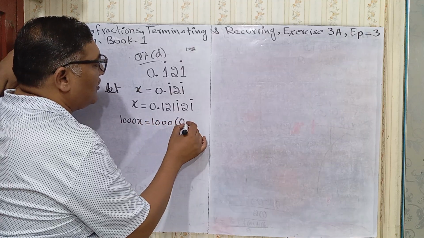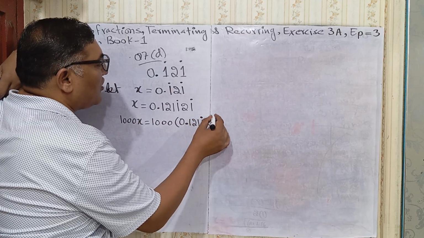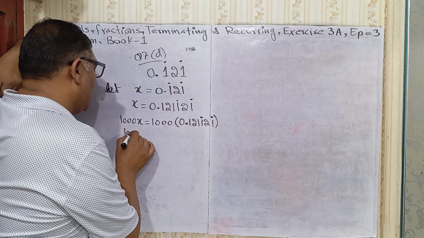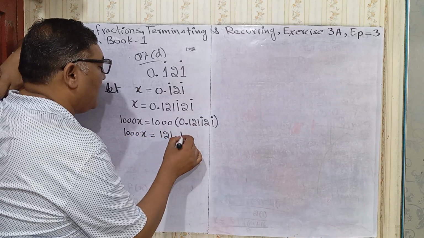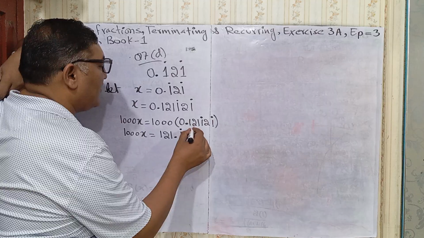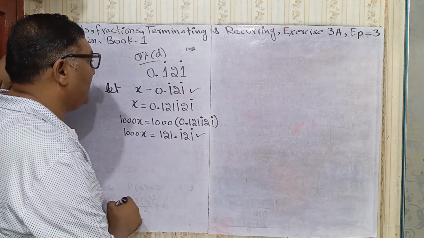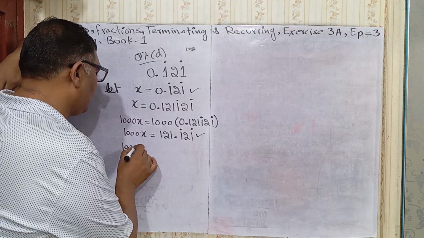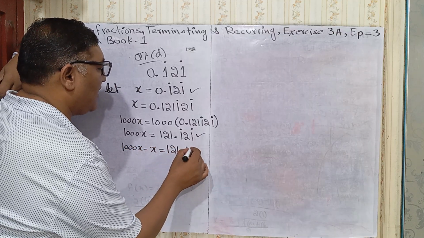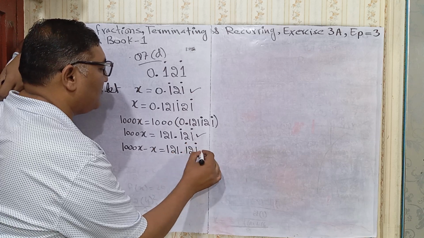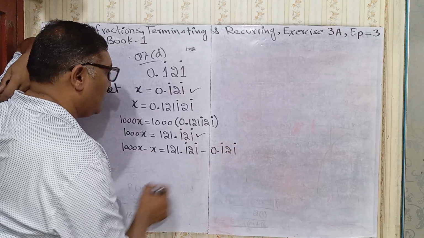So 1000x equals 121.121 with dots. From this I will subtract this. So you will have 1000x minus x equals 121.121 with dots minus 0.121 with dots.